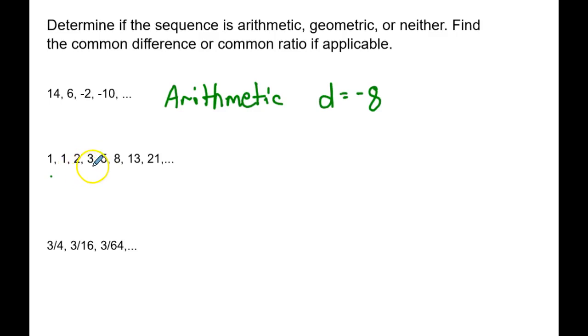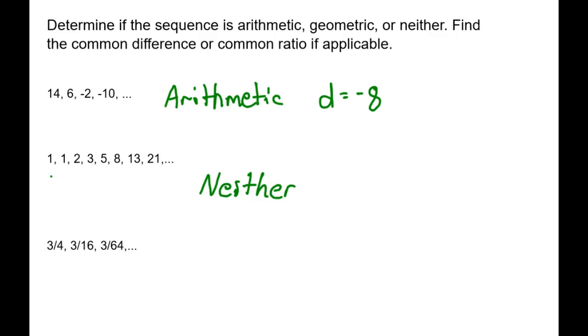So we would take 2 plus 3 to get 5, 3 plus 5 to get 8, 5 plus 8 to get 13, 8 plus 13 to get 21, and then that pattern would continue. This is called the Fibonacci sequence. It consists of the Fibonacci numbers. We'll talk about that more later on. But for the sake of what we're trying to solve, this would be neither. We're not adding the same value or multiplying by the same value each time, so it is neither.